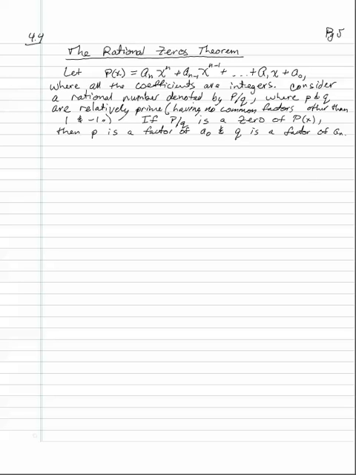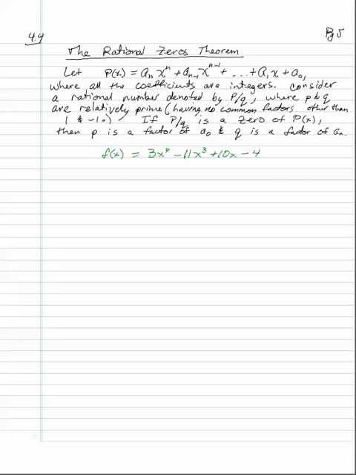So this theorem is a great theorem, actually. It helps us search for zeros of a function instead of shooting blindly in the dark to find out what is a zero, right? So basically all we could do up to now is we just guess and plug it in and see if it makes a zero or not. And then if you can't factor this, you have to find something that works.